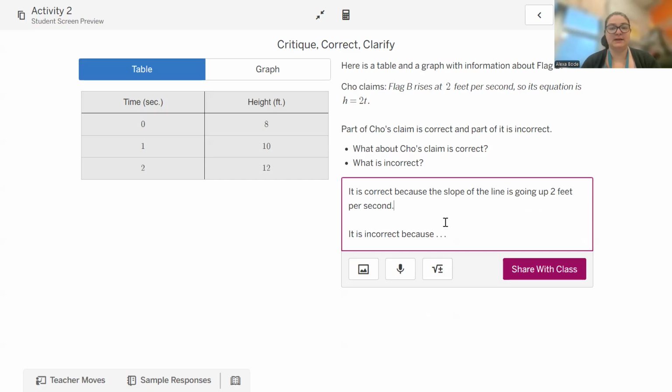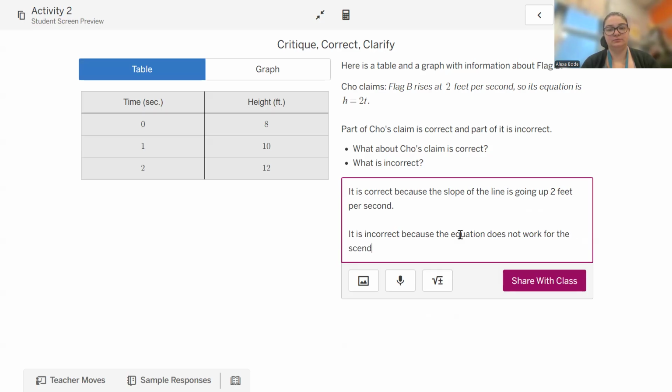So Cho is correct about how fast the flag is rising, but is incorrect because the equation does not work for the scenario. And we're going to add on to this because flag B is not a proportional relationship. Okay. So go ahead and add on to that.